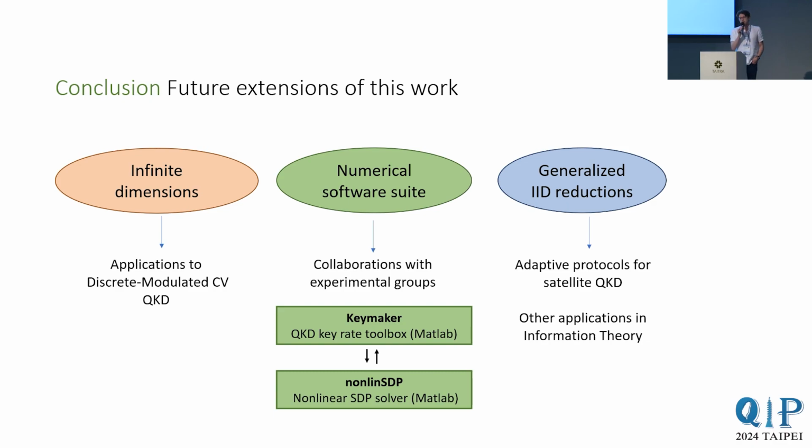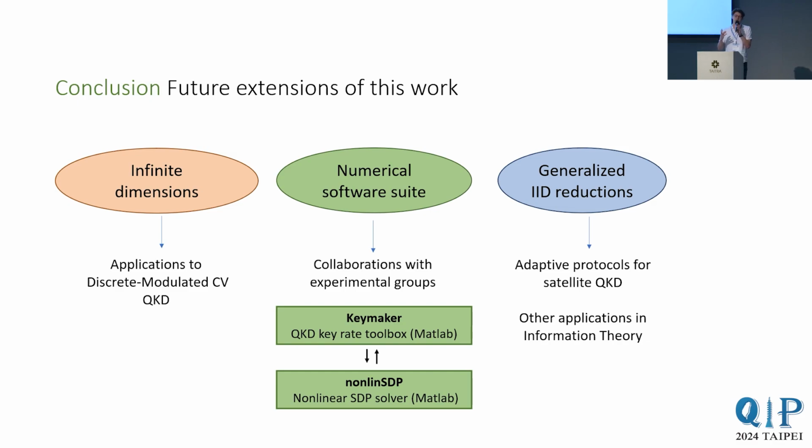Okay, so yeah, indeed, an important possible application of this work is CVQKD, and in particular, discrete modulated CVQKD, which is considered to be more easily implemented. And indeed, this work would apply to CVQKD, except for the assumption that we have finite dimensions.